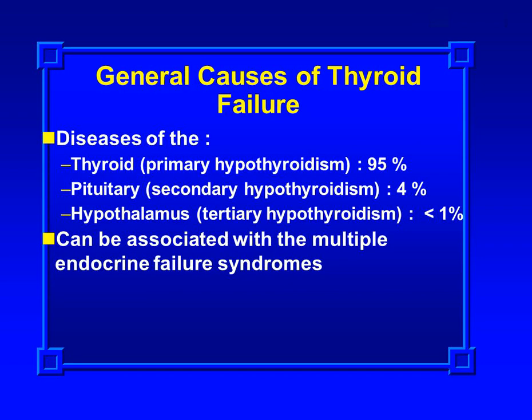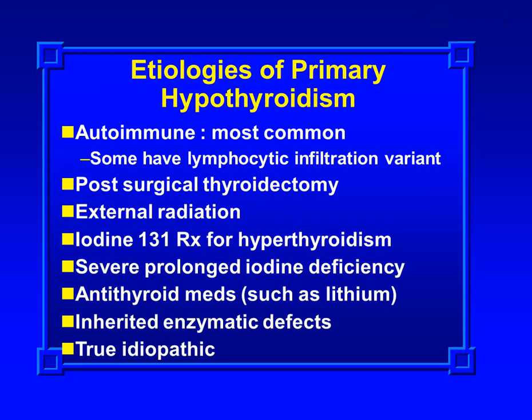General causes of thyroid failure. Diseases of the thyroid, primary hypothyroidism, 95%. Pituitary, secondary hypothyroidism, 4%. Hypothalamus, tertiary hypothyroidism, less than 1%. Can be associated with the multiple endocrine failure syndromes. Etiologies of primary hypothyroidism.